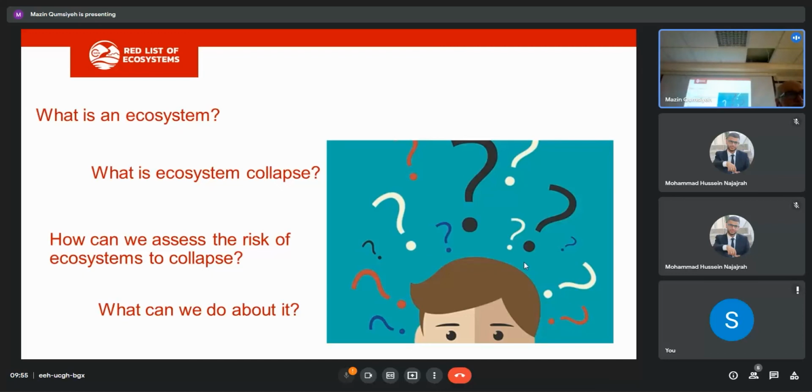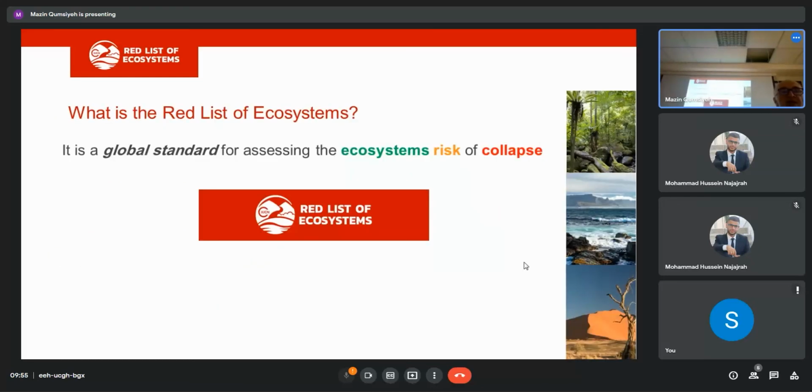I will make a rather short introduction to that because it's complicated to go really in depth, and I don't know if it is a priority for you or not, but as you will see, it's not very simple. The red list of ecosystems is a global standard for assessing the risk of ecosystem collapse.